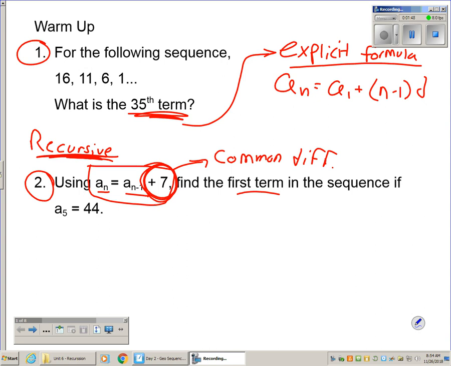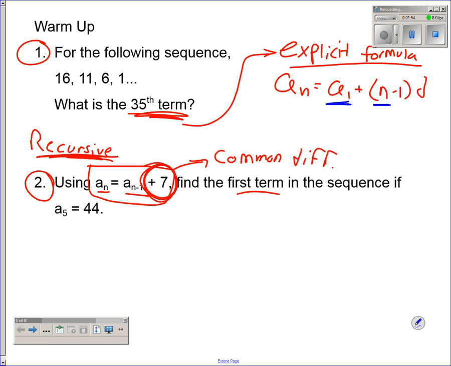Alright, so for solving number 1, we're trying to find the 35th term. Really we only need 3 things, right? We need our first term, we need our end value, we need our common difference. As long as you have those 3 variables, you're set. So what is our first term in this case? Yeah, 16. So 16 right here, plus, what is our end value in this case?